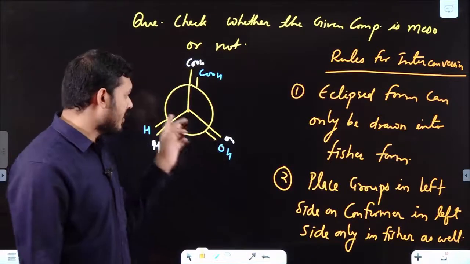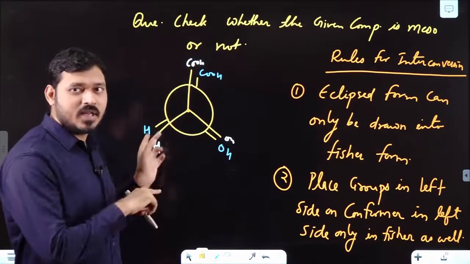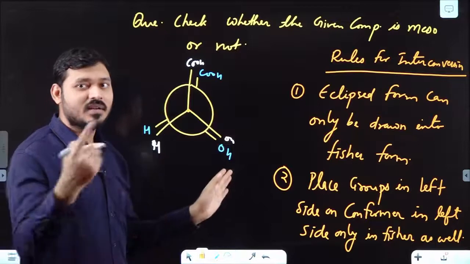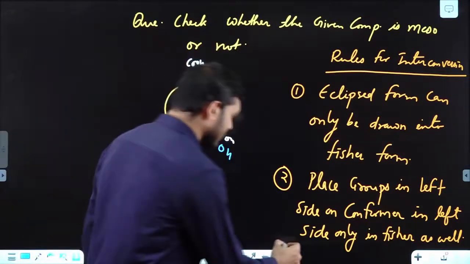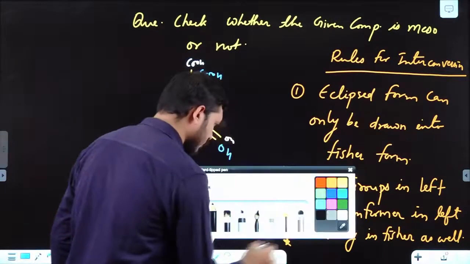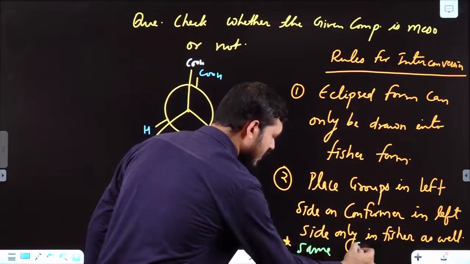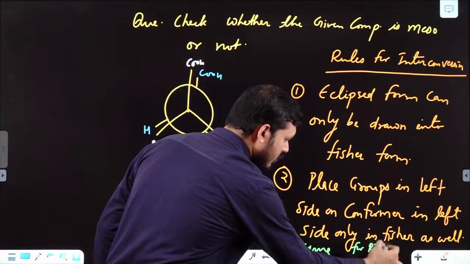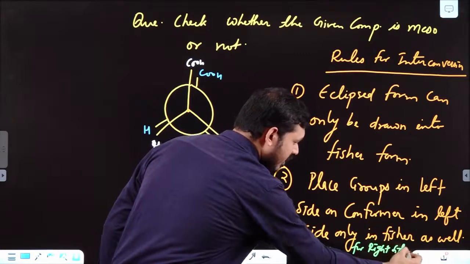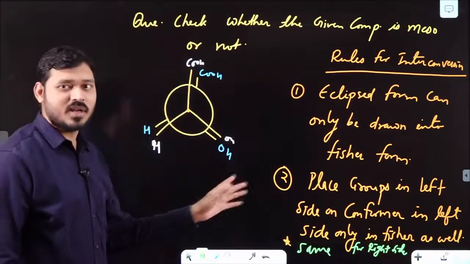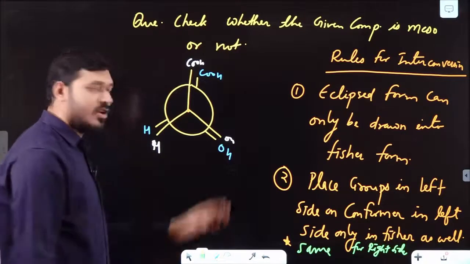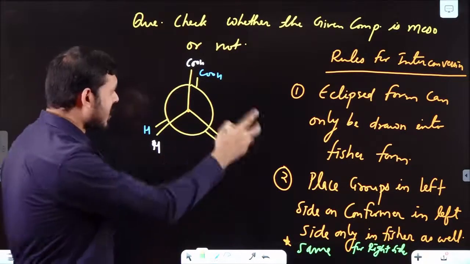Means if you are having groups on left side in conformer, then place those groups on left side only in Fischer form. Clear? Same for right side. Remember this same case for right side also. Okay, now I hope you have understood this thing. So let me convert.